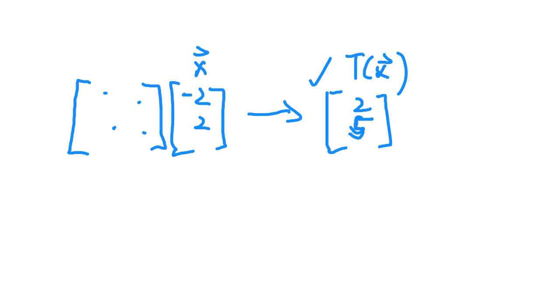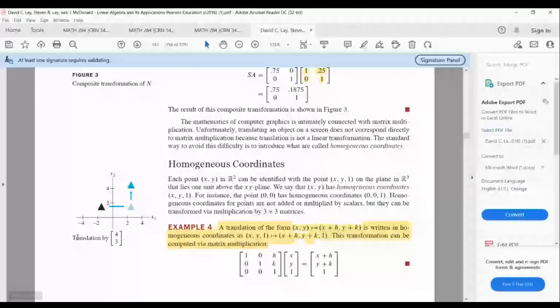What I'm trying to do is, if we go back to the book, you see there the picture on the left where they have a triangle located at coordinates -2, 2, and they want to translate that triangle by 4, 3.